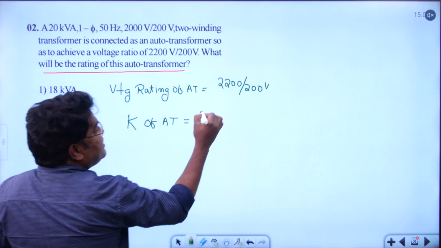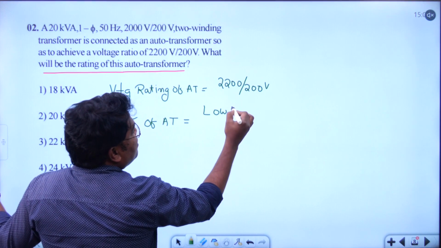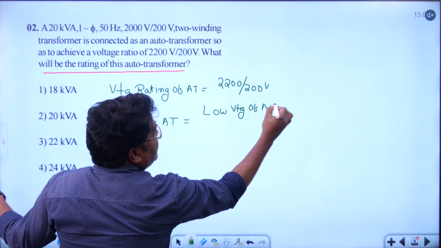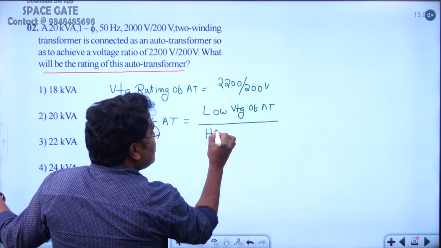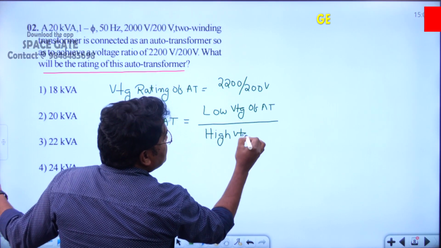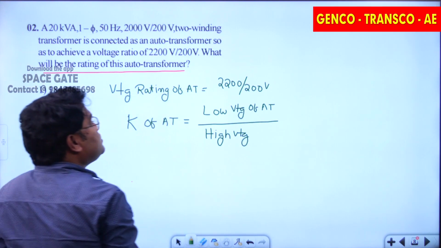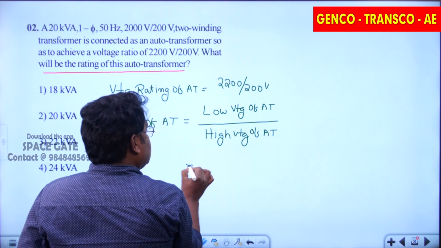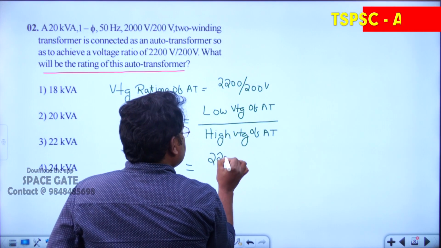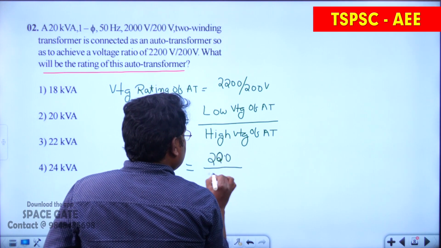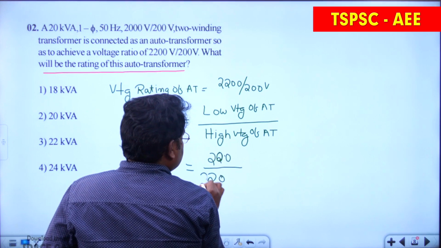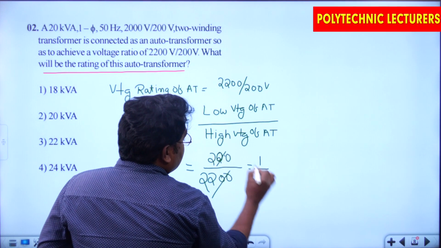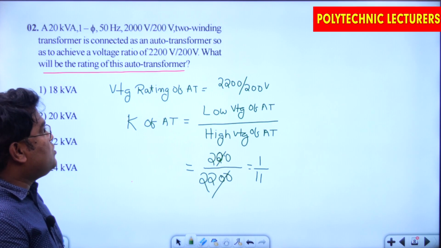That is always the low voltage of the auto transformer divided by the high voltage of the auto transformer. Which one is the low voltage? The 200 volts is the low voltage of the auto transformer. So this is 200 divided by 2200, which is 1 by 11. This is the K of the auto transformer.